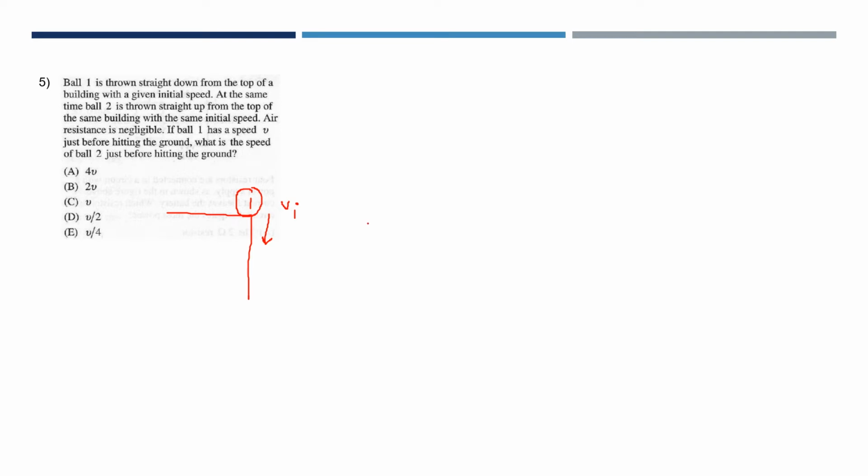At the same time, ball 2 is thrown straight up from the top of the same building with the same initial speed. Let me draw this here for ball number 2. Ball number 2 at the same height from the same building is thrown straight up with an initial velocity Vi as ball 1.